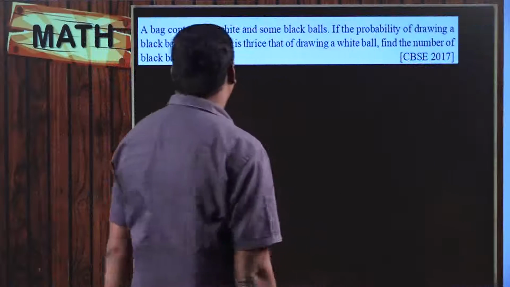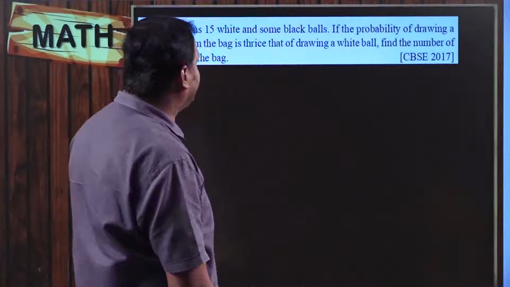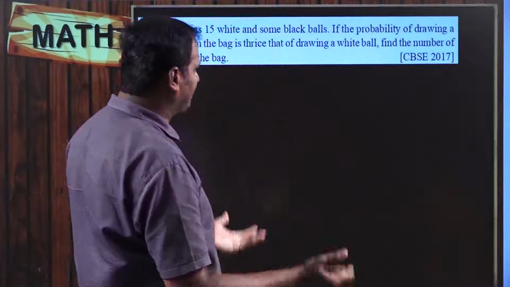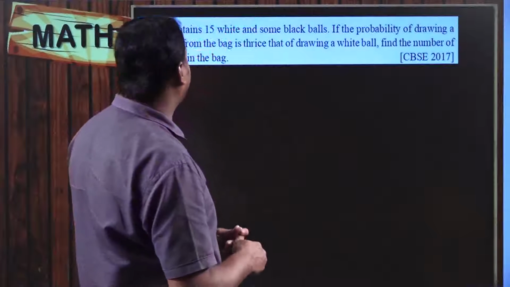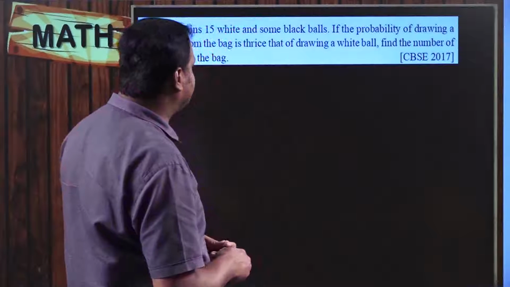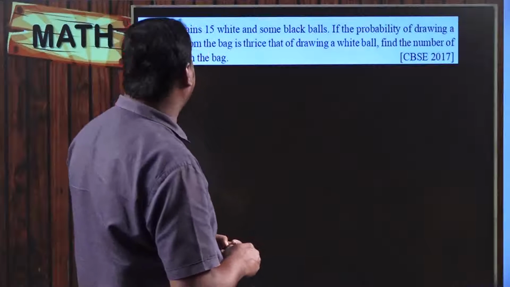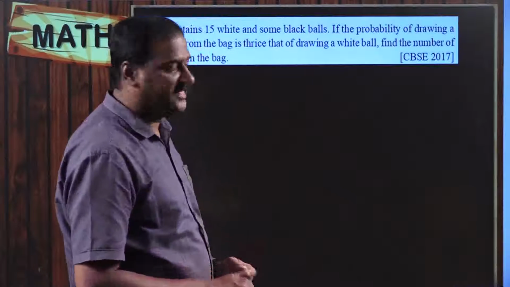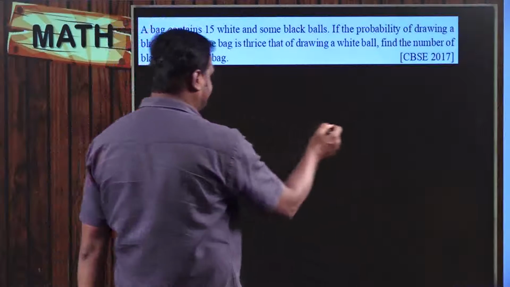Here the next problem is: a bag contains 15 white and some black balls. If the probability of drawing a black ball from the bag is thrice that of drawing a white ball, find the number of black balls in the bag. See, for example, this is a bag.